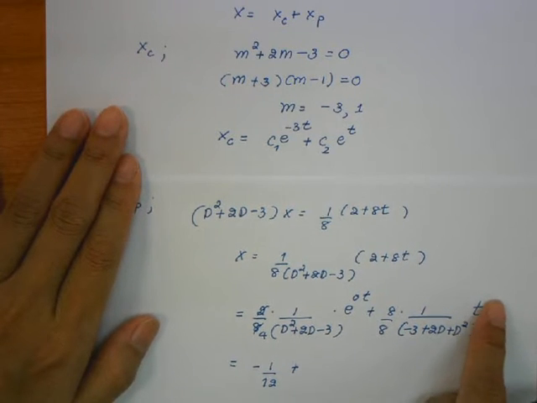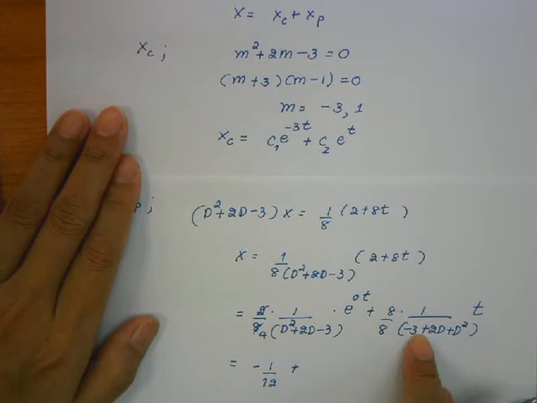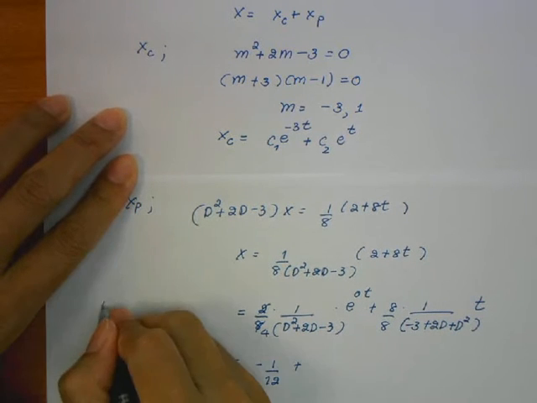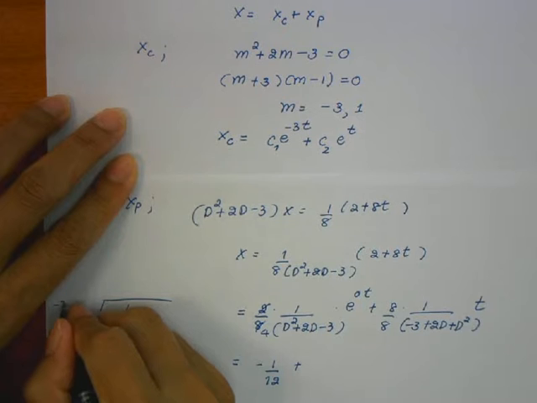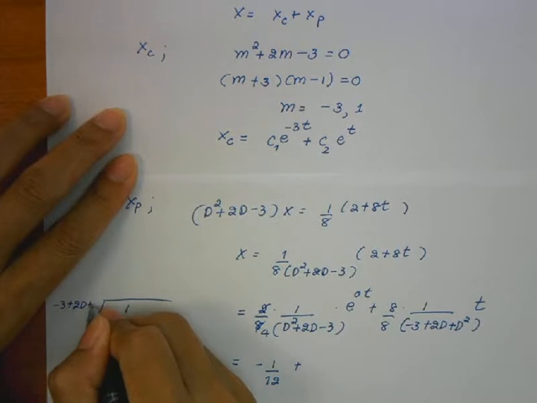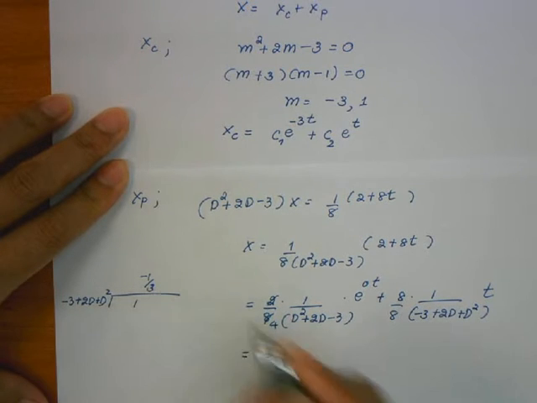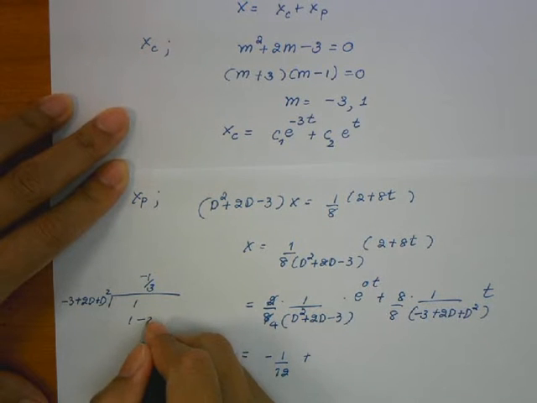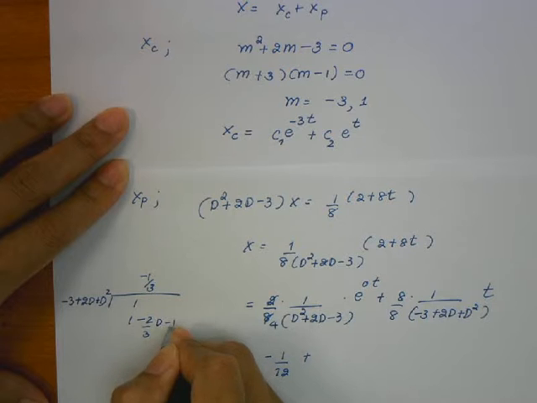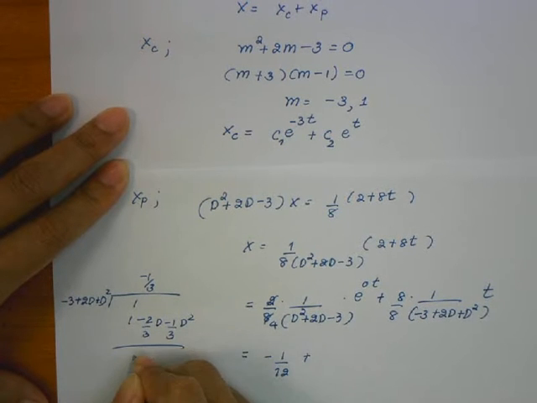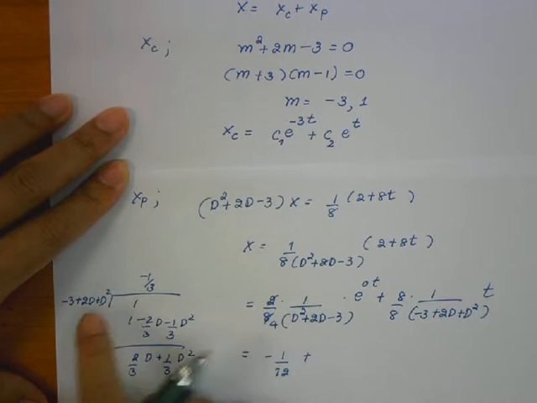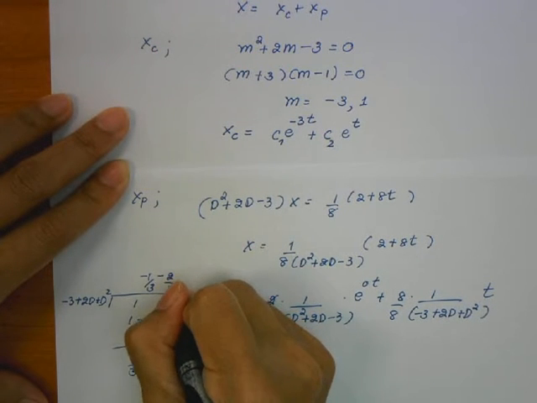But now the power k is equal to 1, so when you do the dividing of this term, you do only the terms of D. I will get minus 1 over 3 and then we get minus 2 over 9D.